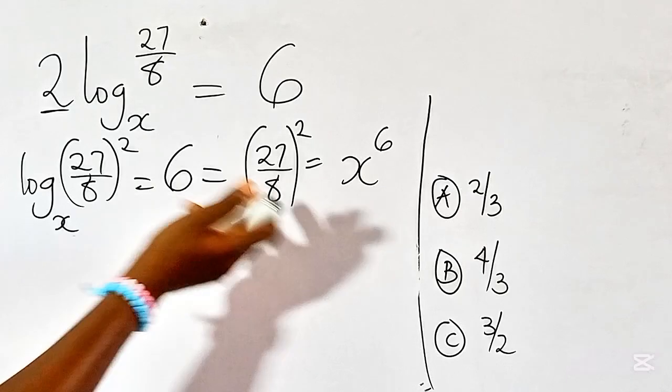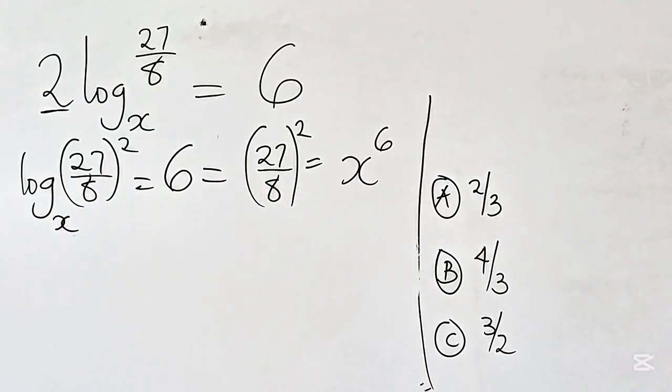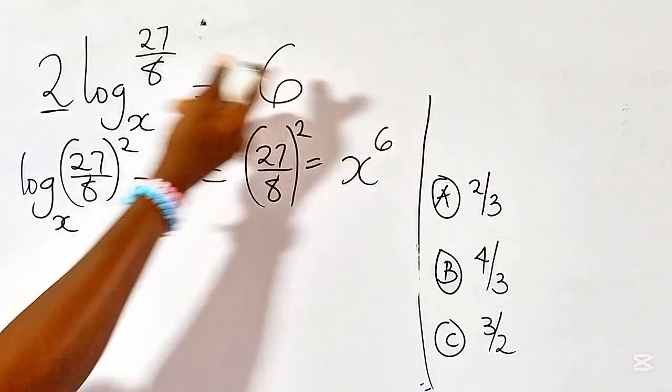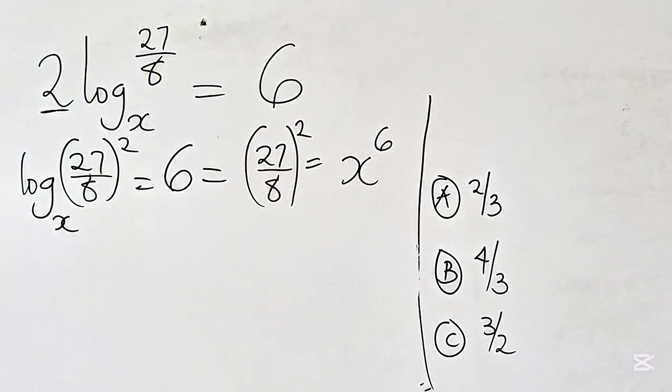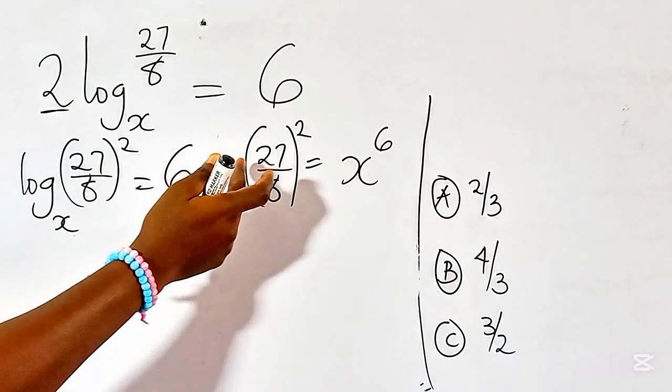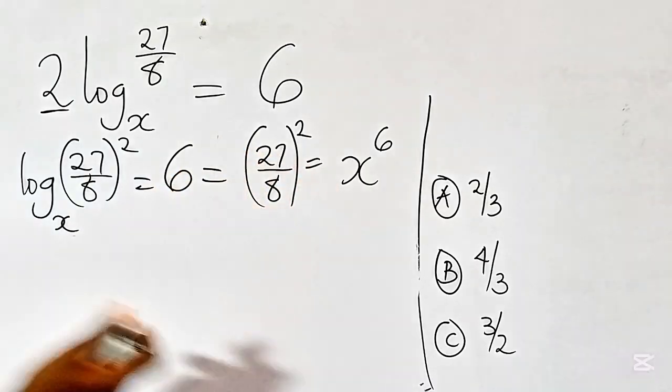Now that we have it in its exponential form, if you notice, the unknown is the base. So what we want to do now is to find a way that the powers are equal so that we can also equate the bases. So the first thing we want to do is to see how we can break this down.